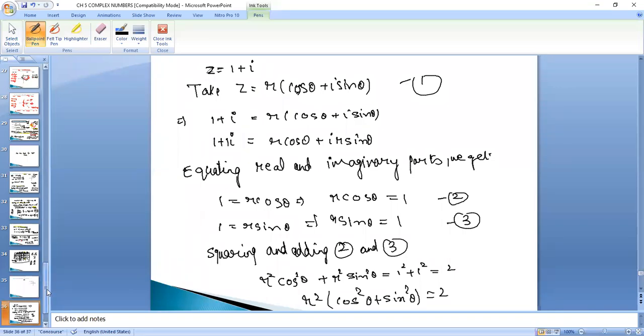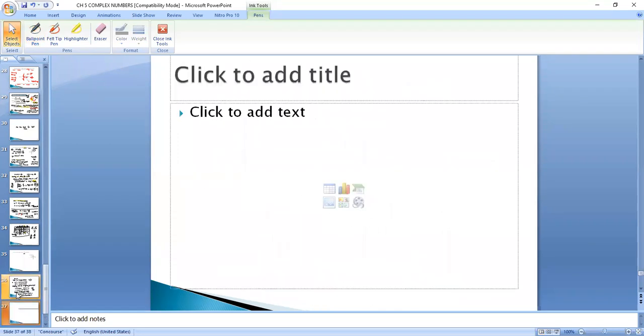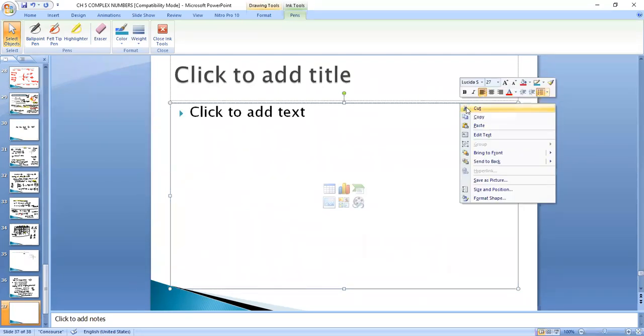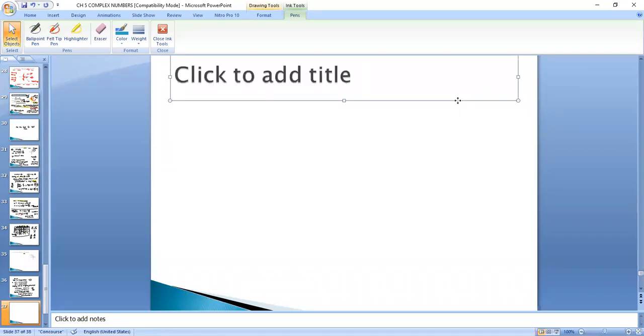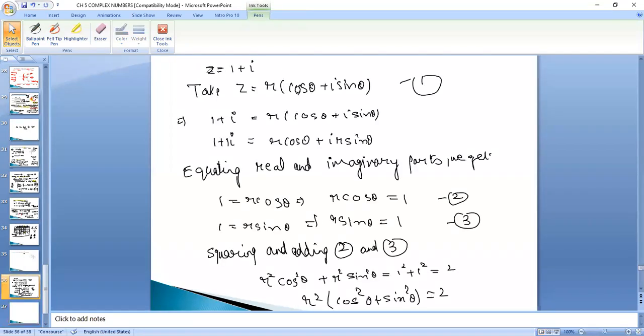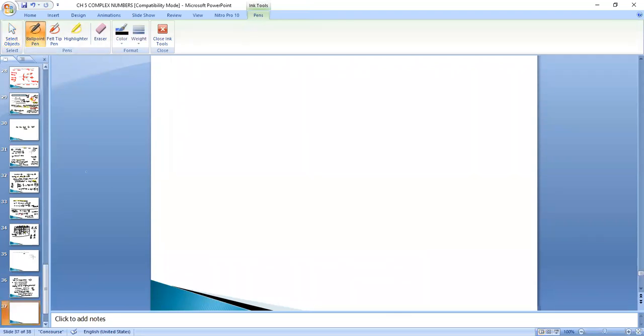So this means we will be getting R square is equals to 2, which implies R is equals to root 2.